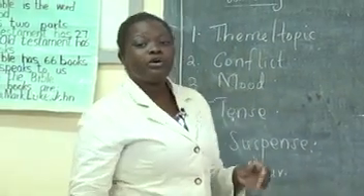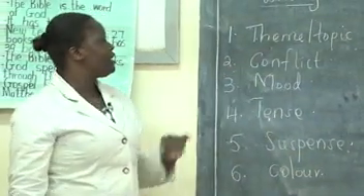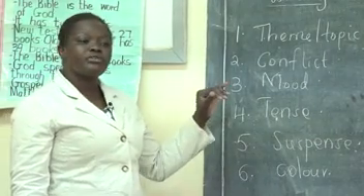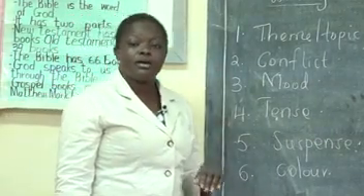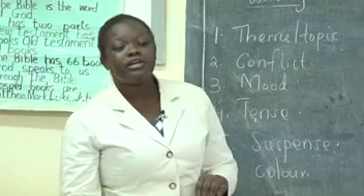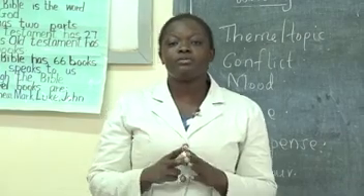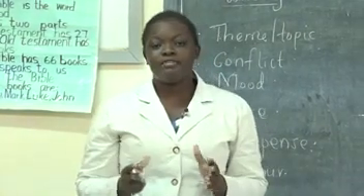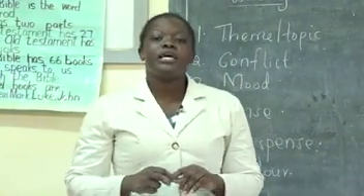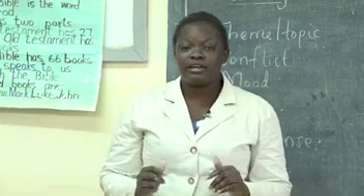Now, number 2, we are going to look at the conflict. Conflict, we can refer to it as a problem in that story that you're writing. As you know, in writing a composition, we have different characters in that story, and we also have the main character.